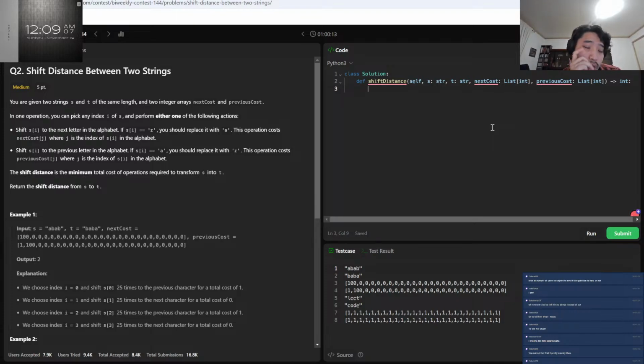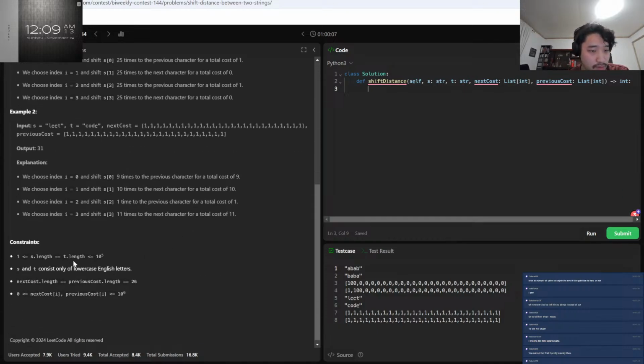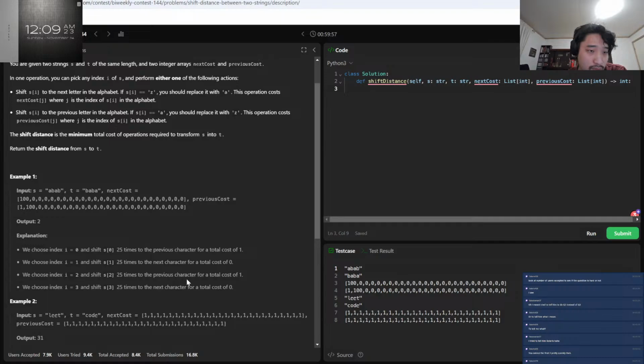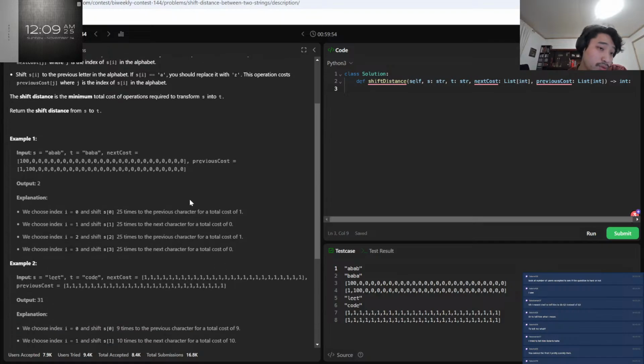How do I, I could brute force it, but I don't want to brute force it. Yeah, I'm not gonna brute force it. Because either it has to go to the right or it has to go to the left, and nothing between that.